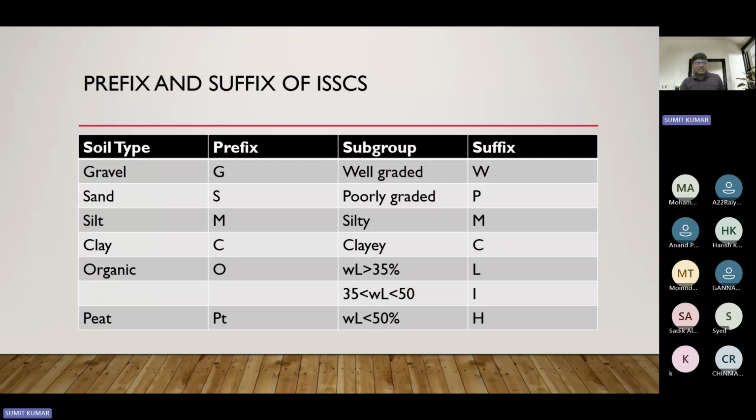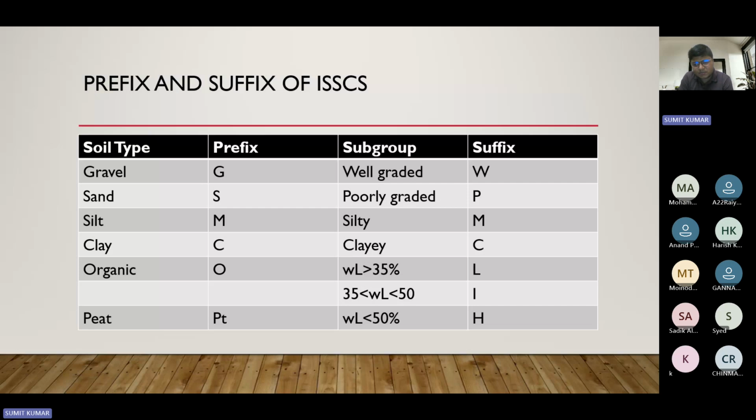So you see that G is the prefix for gravel, S for sand, M for silt, C for clay, O for organic soil, and PT for peat. But when you interact with problems, not the actual field condition, you will come across gravel, sand, silt, clay, and organic matter only.